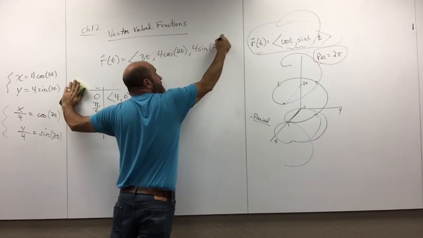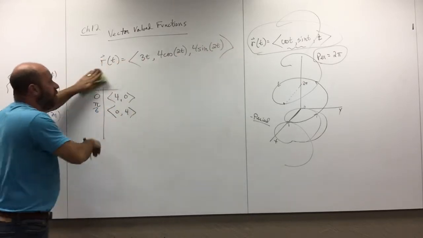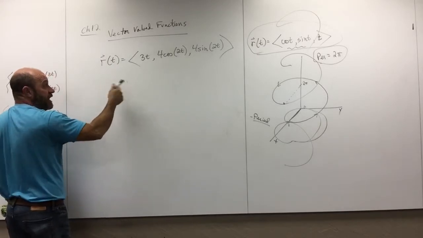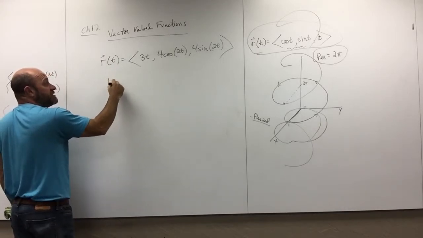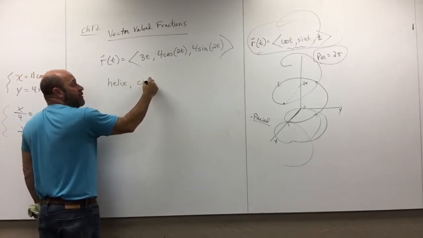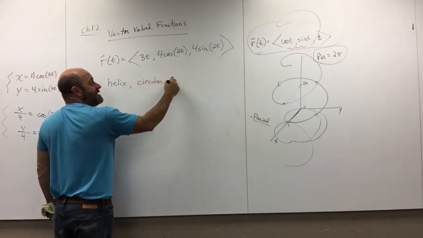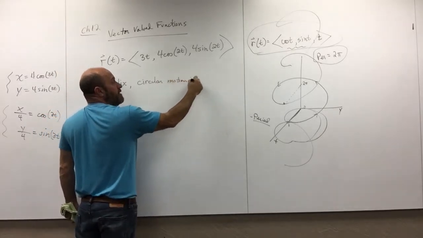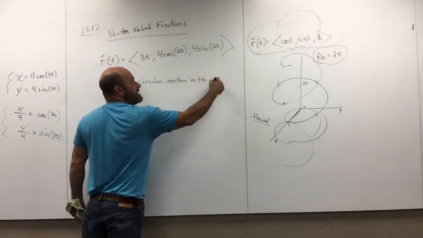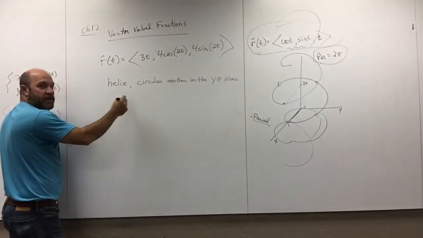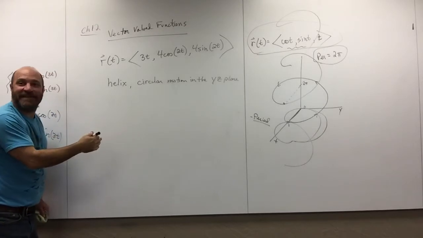Now there's a lot of crazy details going on in this, but I'd just like to say what you said. You said this is a helix. I'm going to write a couple notes here. Circular motion in the YZ plane. So it's coming out at you in the X direction.